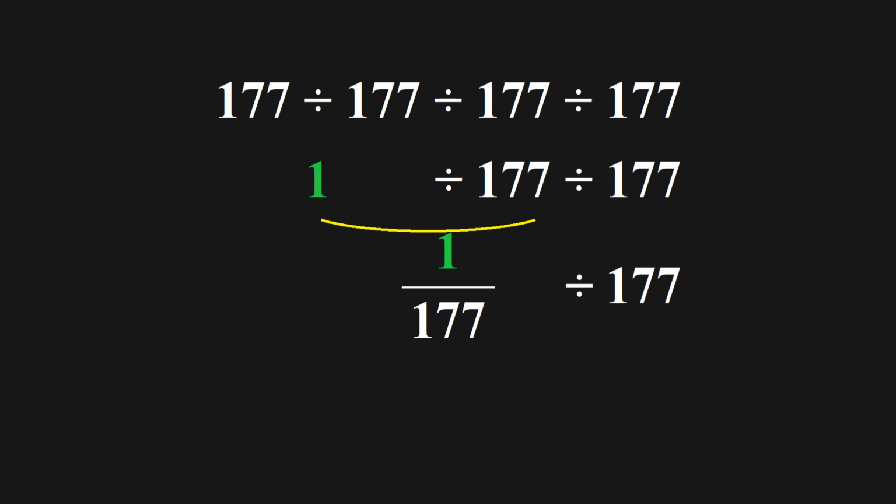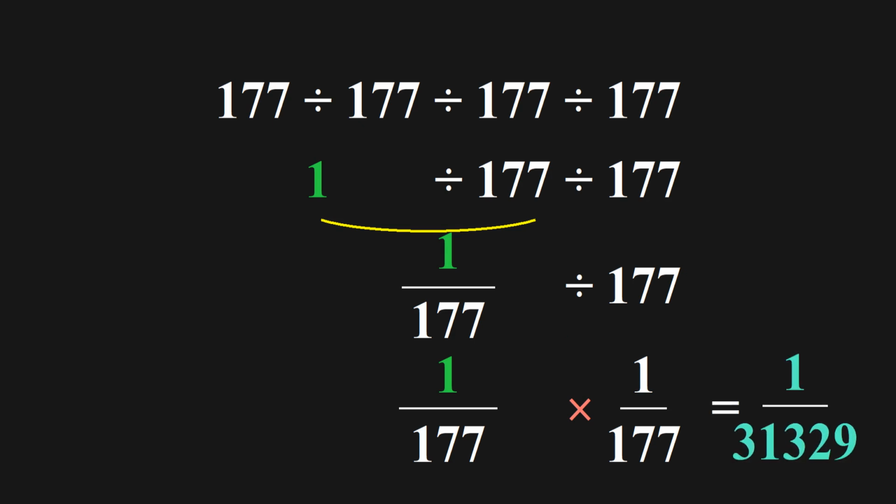So we must keep the first fraction 1 over 177 and change division to multiplication times, then flip the second fraction 1 over 177, which equals 1 over 31,329. And this is our final answer for this problem.